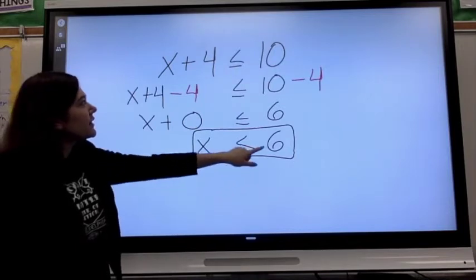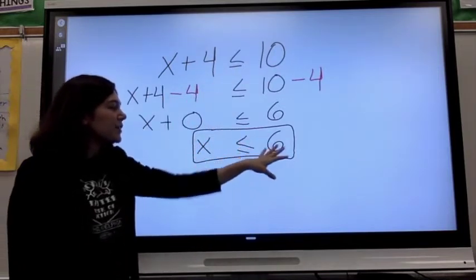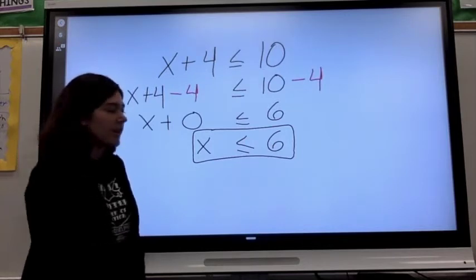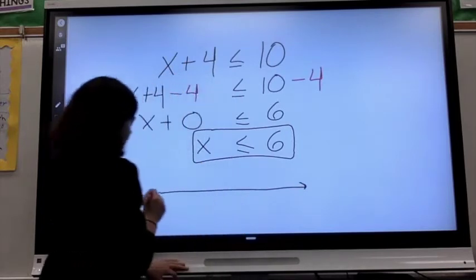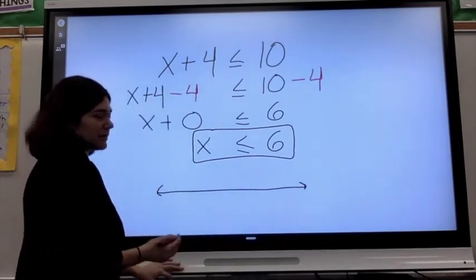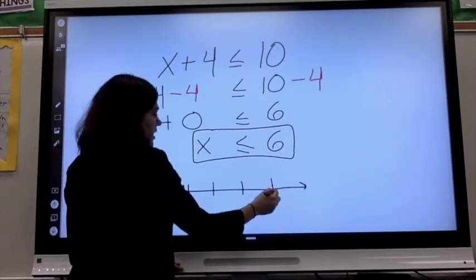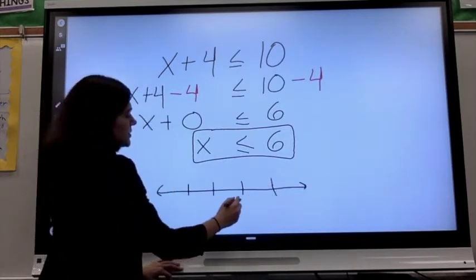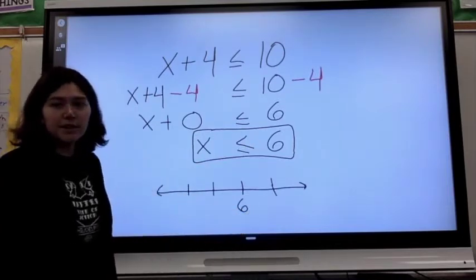We know that 6 plus 4 equals 10, but this says x is less than or equal to 6 is our solution. All right, so let's draw a number line. We don't need to put that many tick marks on there, we'll just put 4. And somewhere in the middle we're going to put 6. That's kind of my important number here.